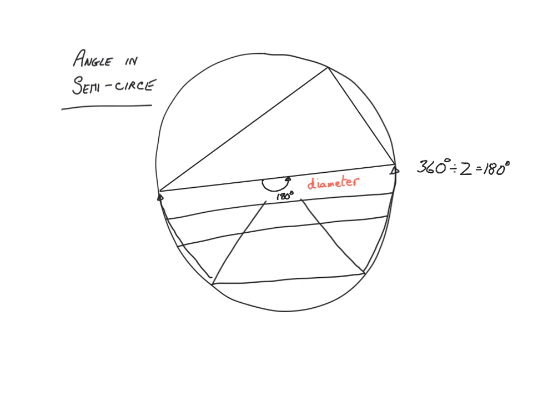But if we know the theorem that we just proved, we know that the angle here is half this. And so we know something really amazing, which is that this is always 90 degrees. So if we draw a triangle on a diameter, the diameter is the hypotenuse, the long side of the right angle triangle, we get a right angle.